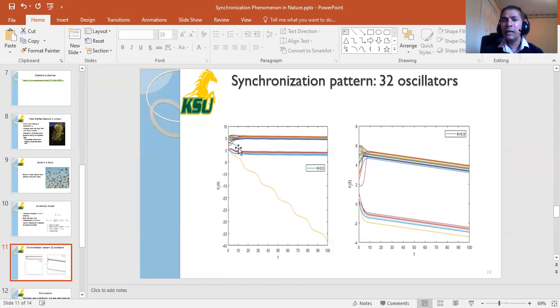I'm labeling these oscillators by unique color. It looks like some of them are making a close pattern. The upper part is displaying some common behavior, and at the same time some of the oscillators in the lower part are also displaying a common behavior. This is what we call synchronization.